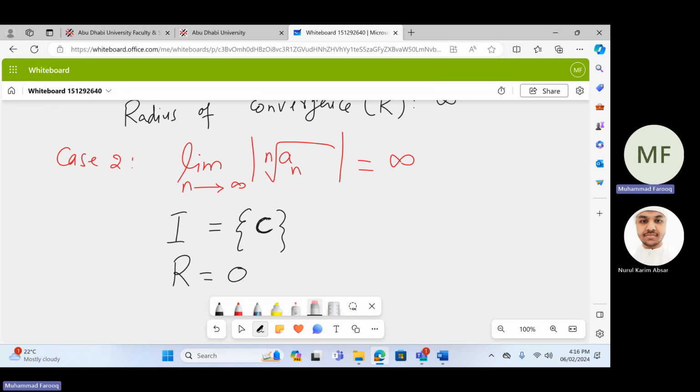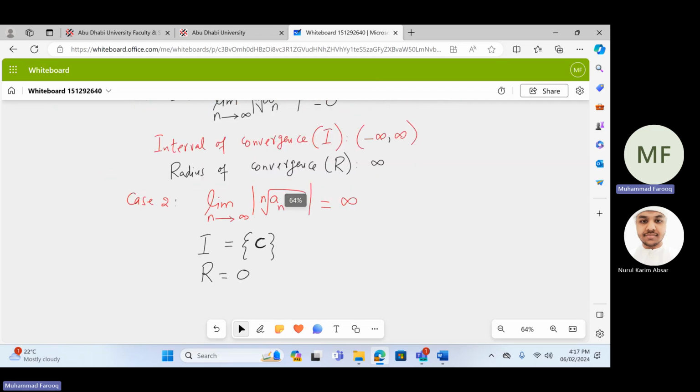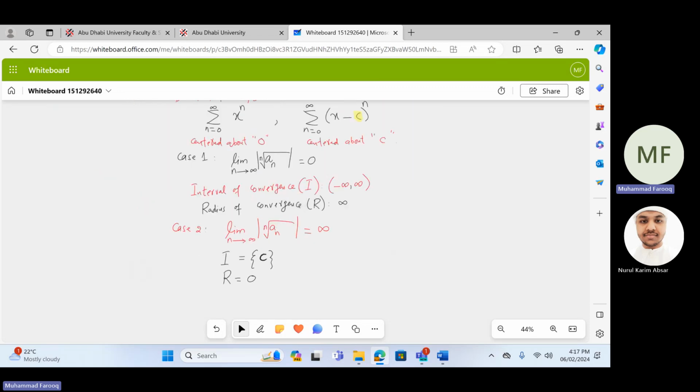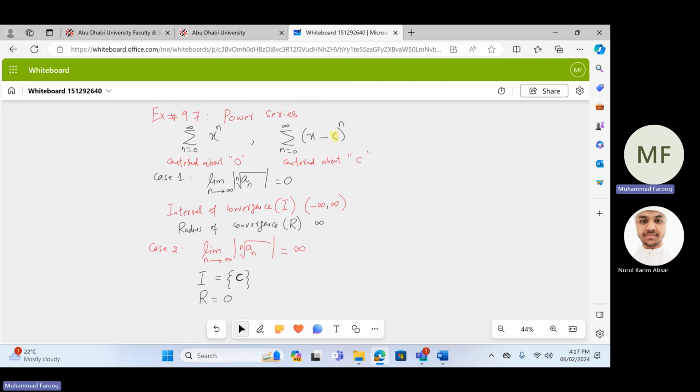Case number 3 means when you apply the ratio test or root test, the answer is not 0 and not infinity; then how to calculate I and how to calculate R. First we take some questions on case 1 and case 2, and then inshallah we discuss case 3 as well.